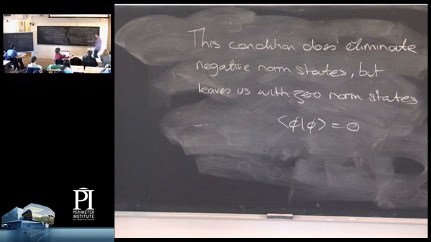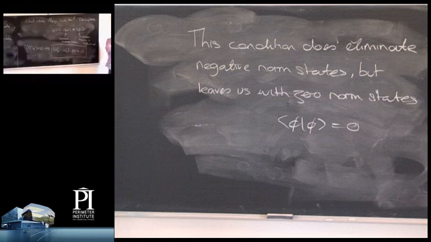Do you see why these are zero norm states? It's because they contain as many time-like photons as they do longitudinal photons. That's what this expression is saying. So when you take the overlap, the longitudinal photons give you some number to do with how many there are, but then you get minus that from the time-like photons. They just cancel.